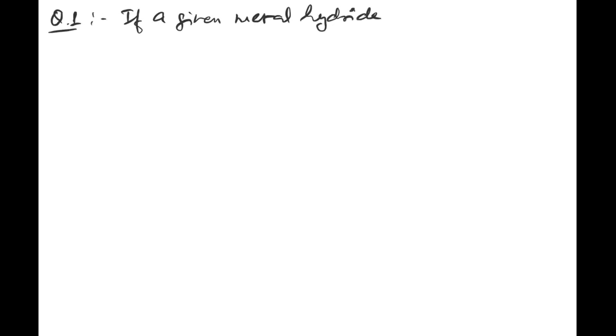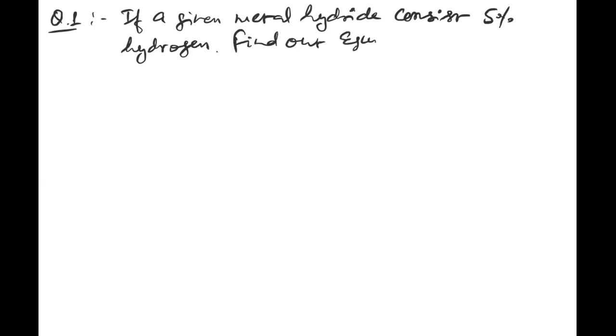If a given metal hydride consists of 5% hydrogen, you have to find out the equivalent mass of the metal.